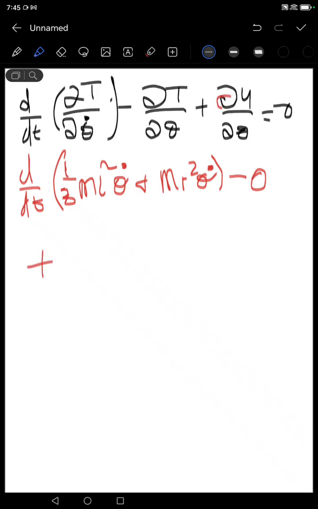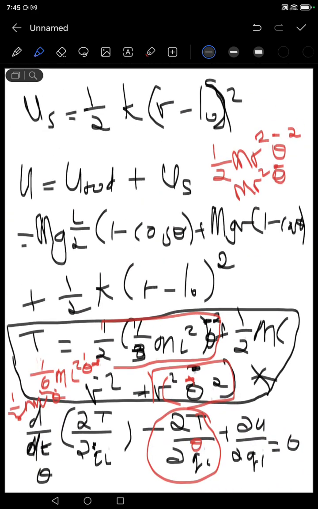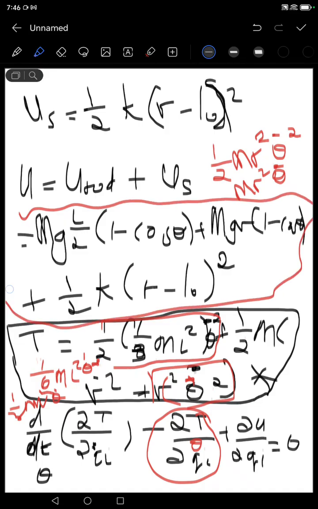On potential energy. We're going to focus on potential energy only. So going back to potential energy, this is our potential energy. Remember, we're starting by what? By theta. We're going to focus only on theta, which means we're going to derivate wherever there is theta. So m g L over 2 times 1 minus cos theta.